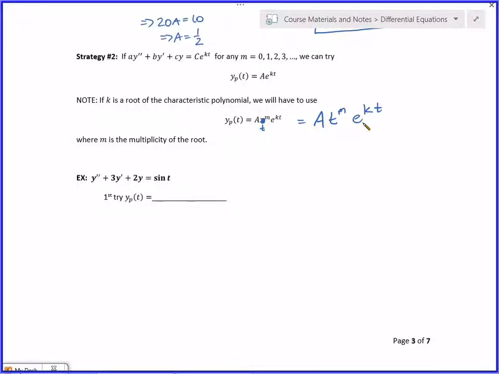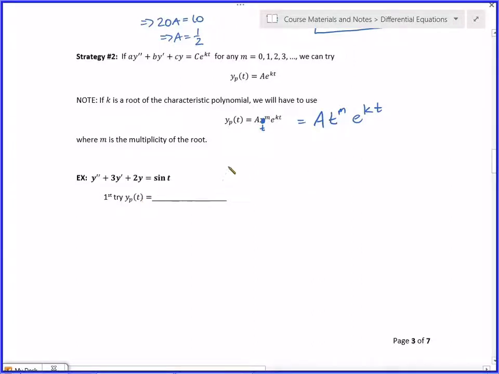So if k is a single root of your characteristic polynomial, then you use t to the first. That's what we just saw in the example I did. If it's a double root, you would have to use a t squared there, because then e to the kt is part of your fundamental set, and t e to the kt is part of your fundamental set.